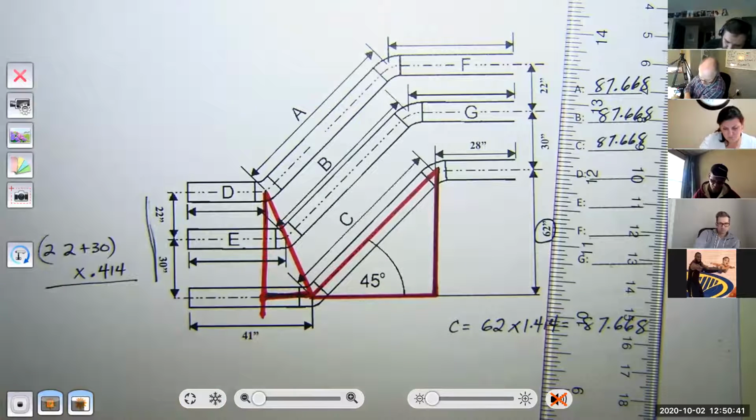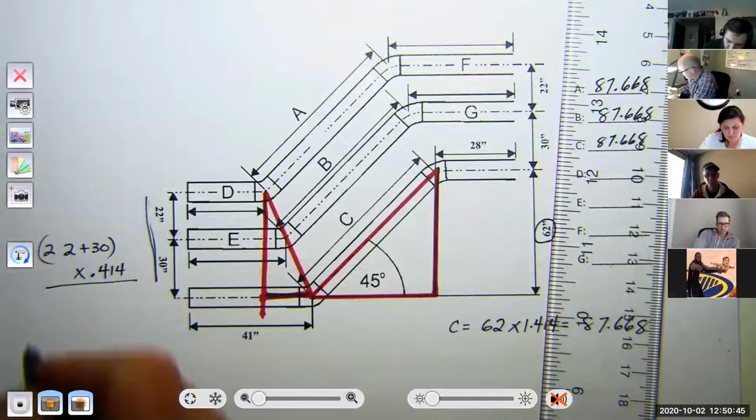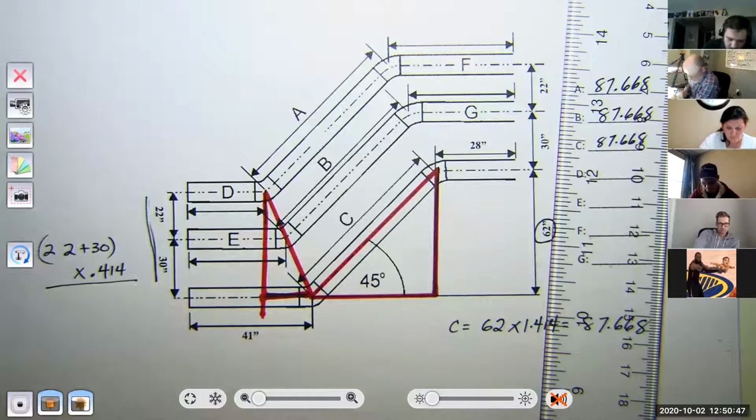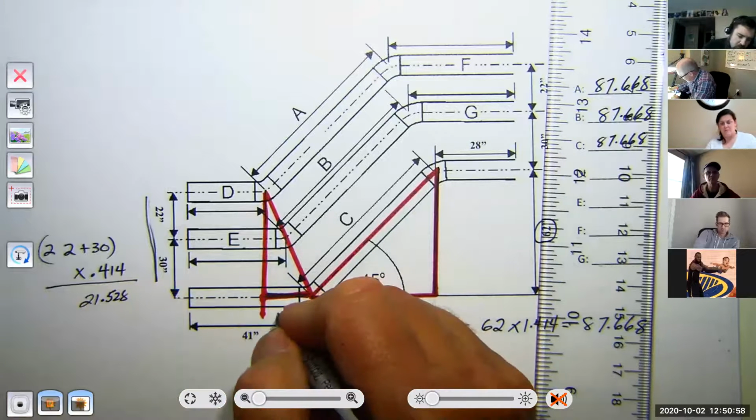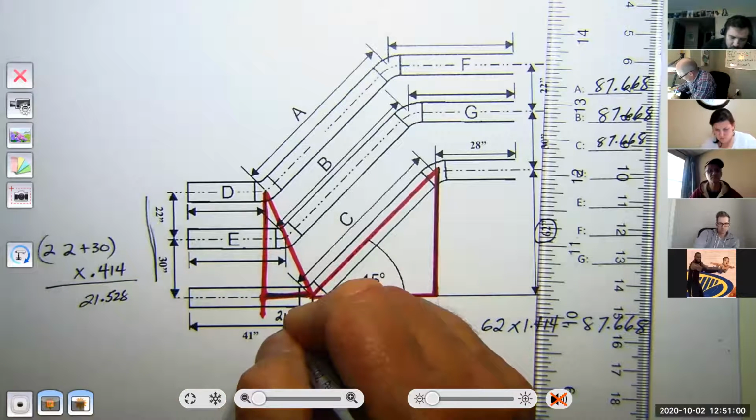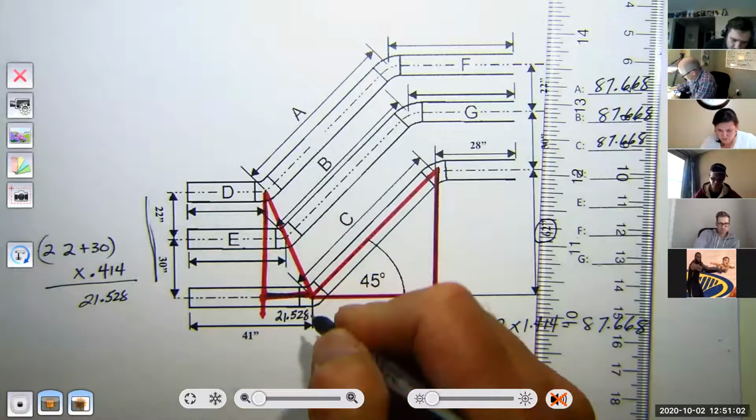So that is 52 times, sorry, I got that wrong, 52 times 0.414 is 21.528. So this measurement here is 21.528.